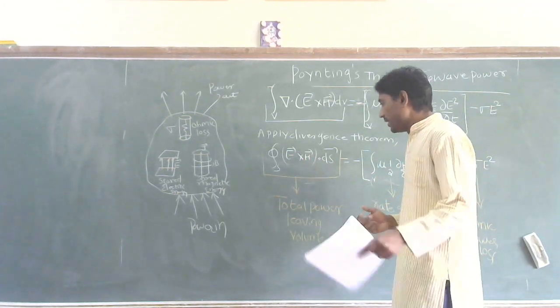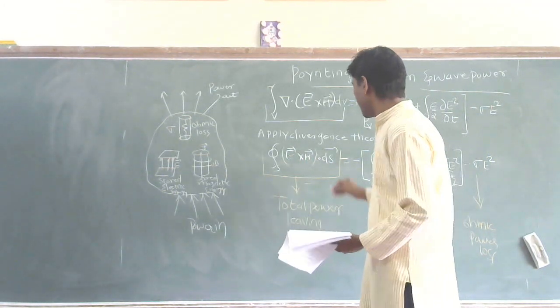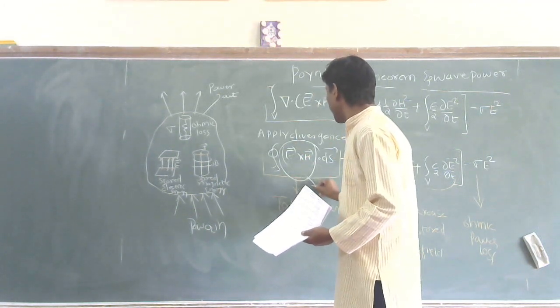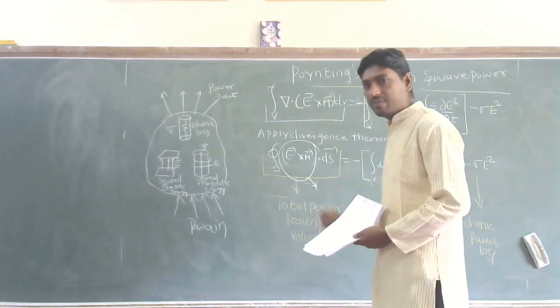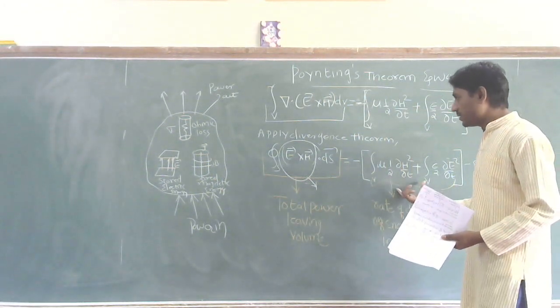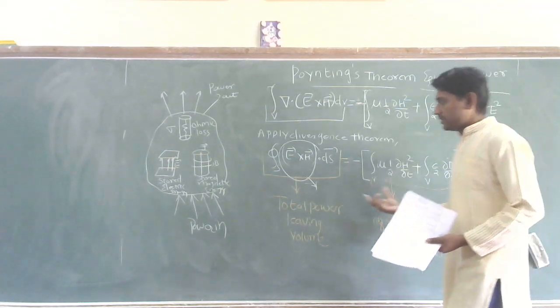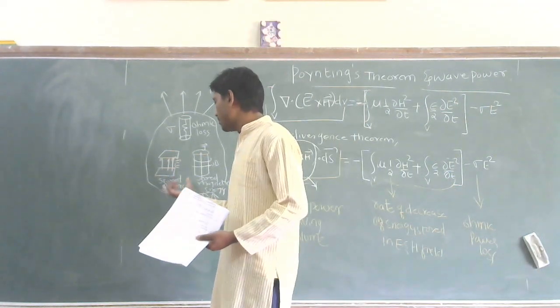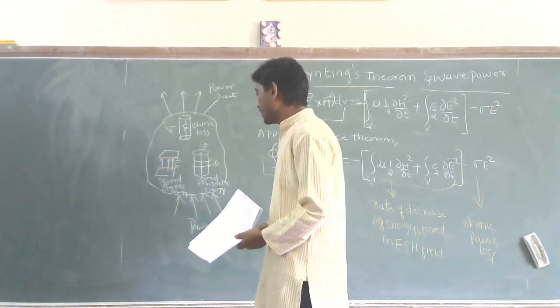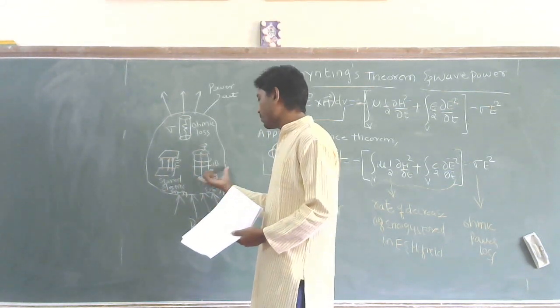Now, E cross H dot ds really means that E cross H should be a power density. And as I told you, this represents stored electric energy in the electric field, and stored magnetic energy.